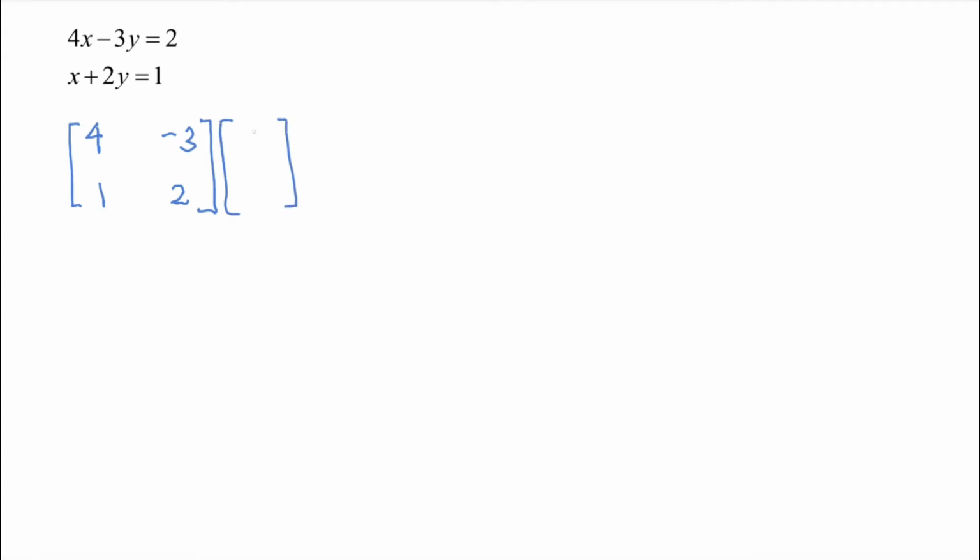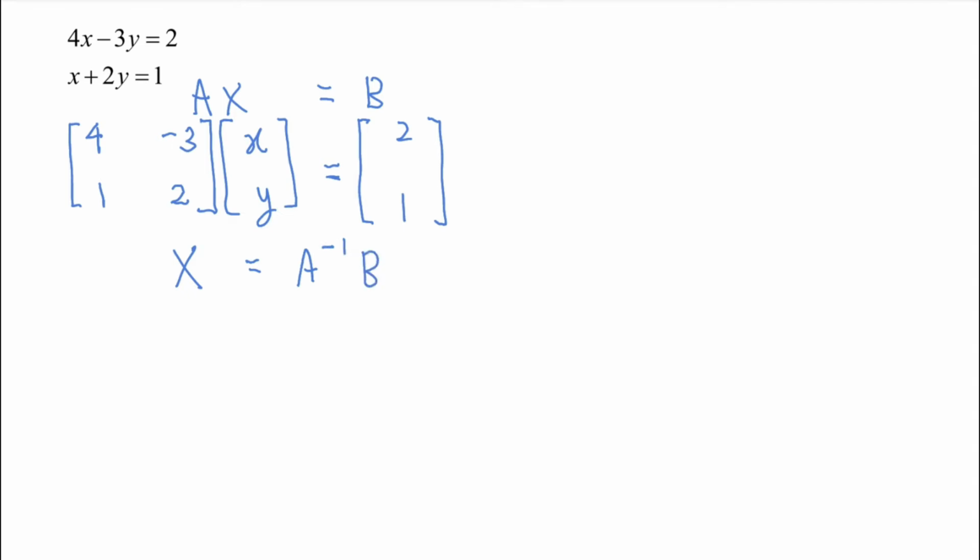Here is a matrix of x and y, and then equal to 2 and 1. Here it is in matrix form AX equal to B, as you have learned before. Then you have learned also to find the solution, X is equal to A inverse times B.